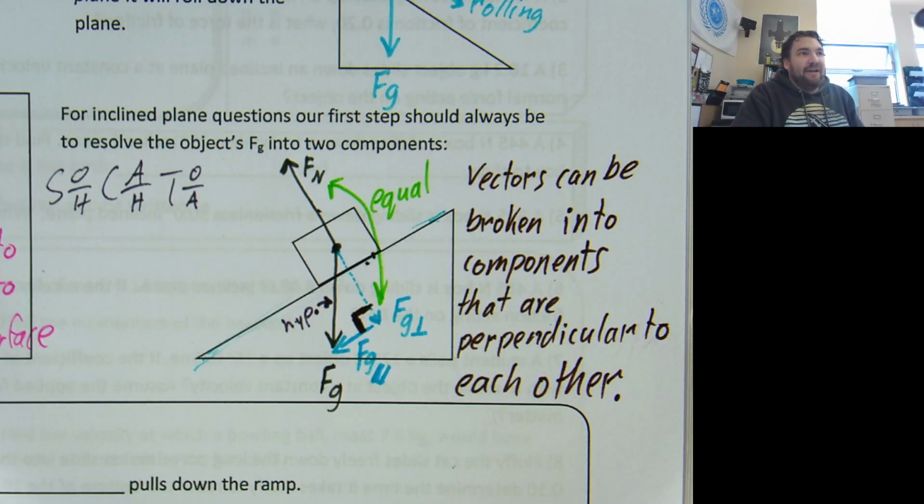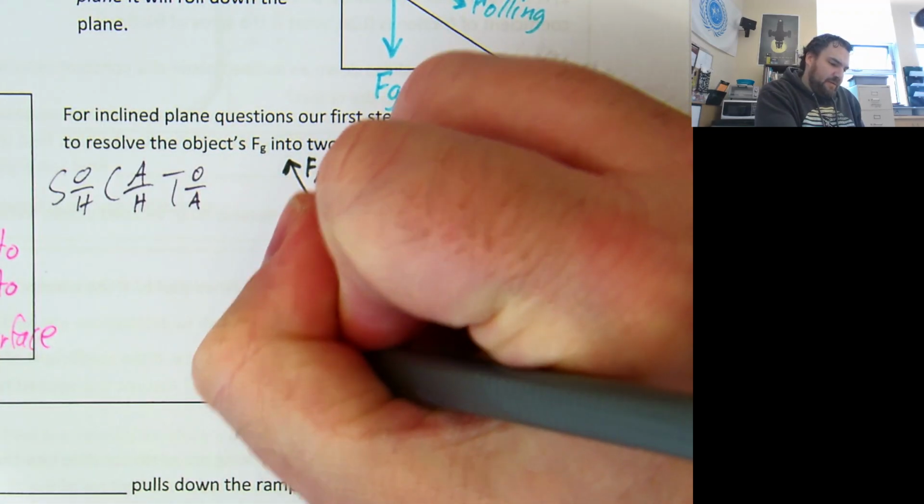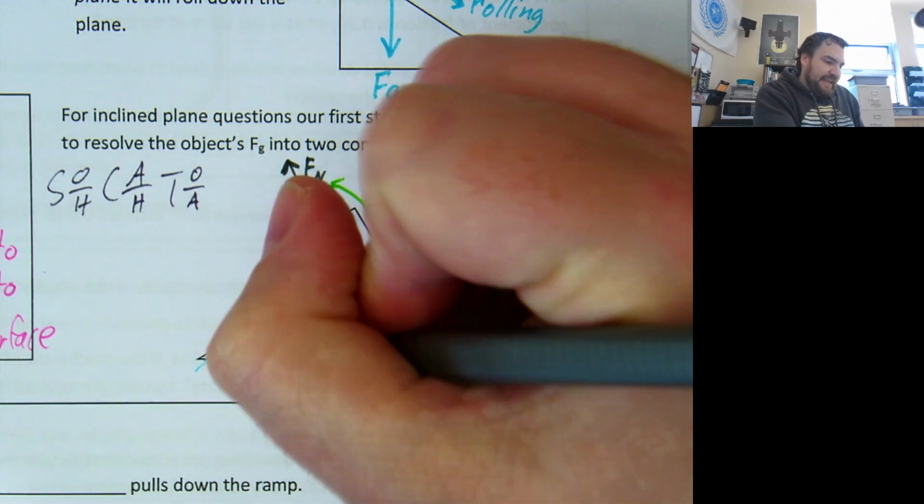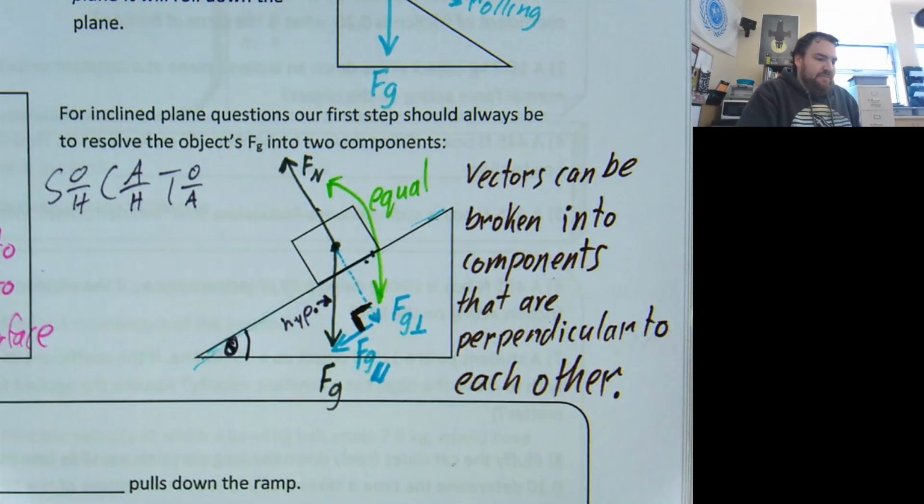Yes, Ezra, I need an angle. If I knew what angle the incline was, I'd be able to determine an angle in this triangle.